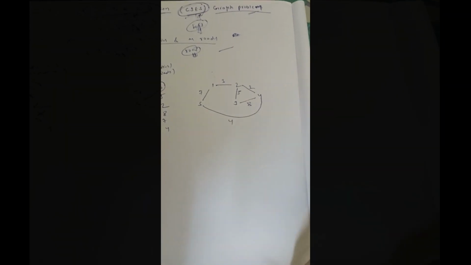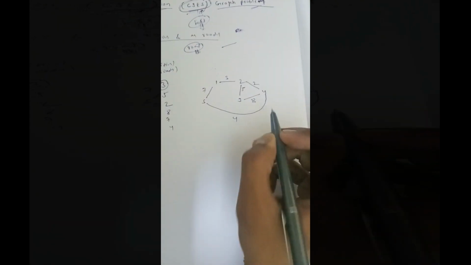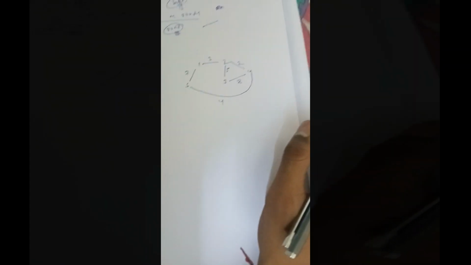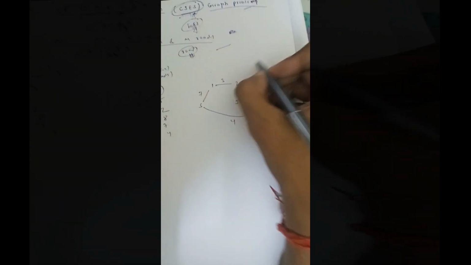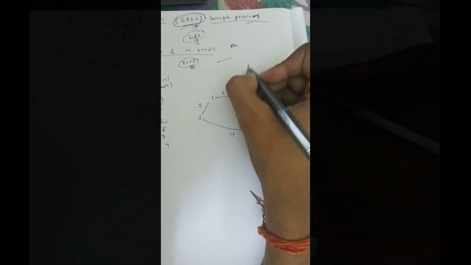Okay, then here what can we do, just think about it. If I remove some of the edges, will it affect the result? Because I have to draw a road between two cities.